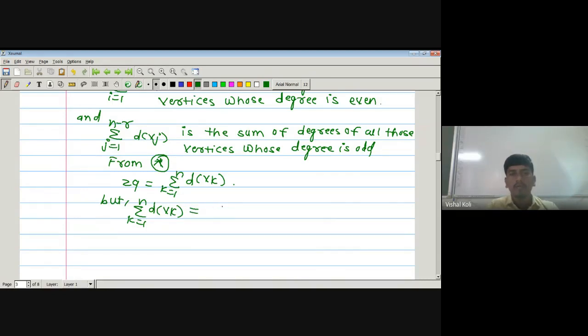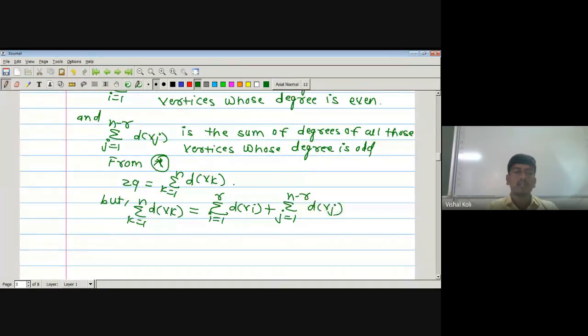Here we have to take the sum of degrees of all the vertices in graph G. That is summation i running from 1 to r of d of vi, the sum of degrees of all those vertices whose degree is even, plus the remaining vertices having odd degree, that is summation j running from 1 to n minus r of d of vj.